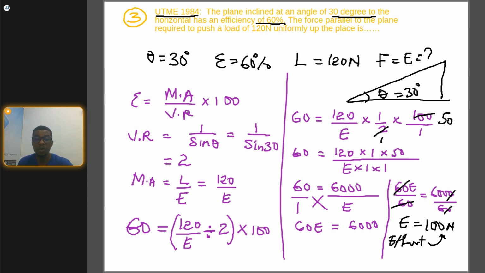I believe this is clear to us. If yes, please kindly signify. We are moving on to the next UTME question. Today we are specifically solving UTME questions on simple machines. We have been considering the efficiency of a machine, the mechanical advantage of a machine, and the velocity ratio of a machine.